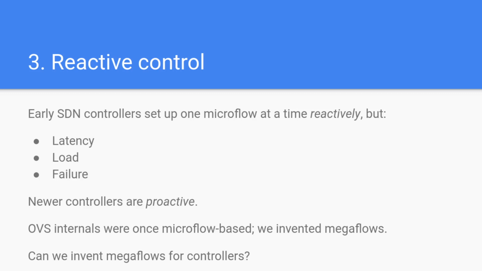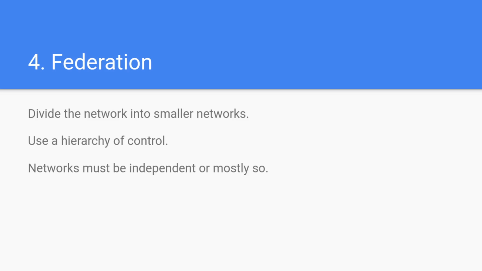And to solve that problem in Open vSwitch, we invented something called megaflows, which you can read about in our NSDI 2015 paper. Can we come up with something like megaflows for controllers so that they're sort of reactive, but not as reactive, and the performance is better? Maybe. I don't know anybody who's tried exactly this.